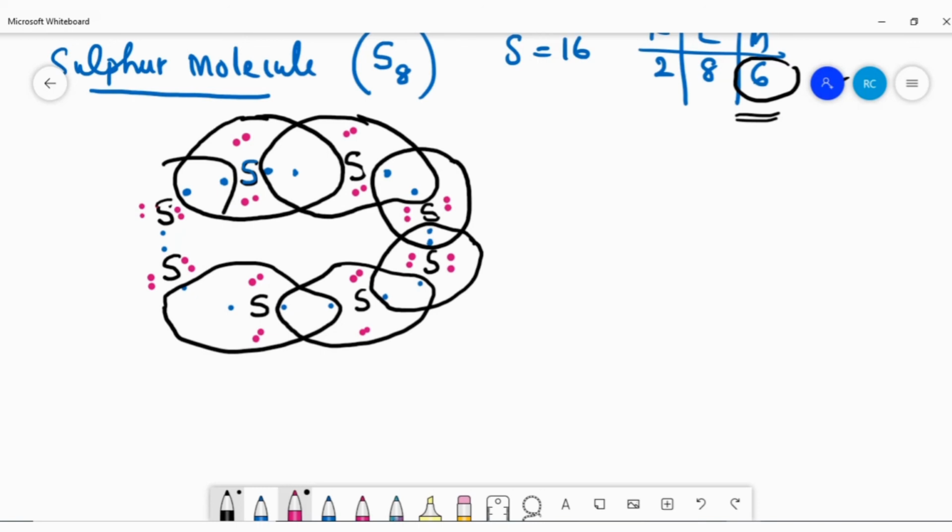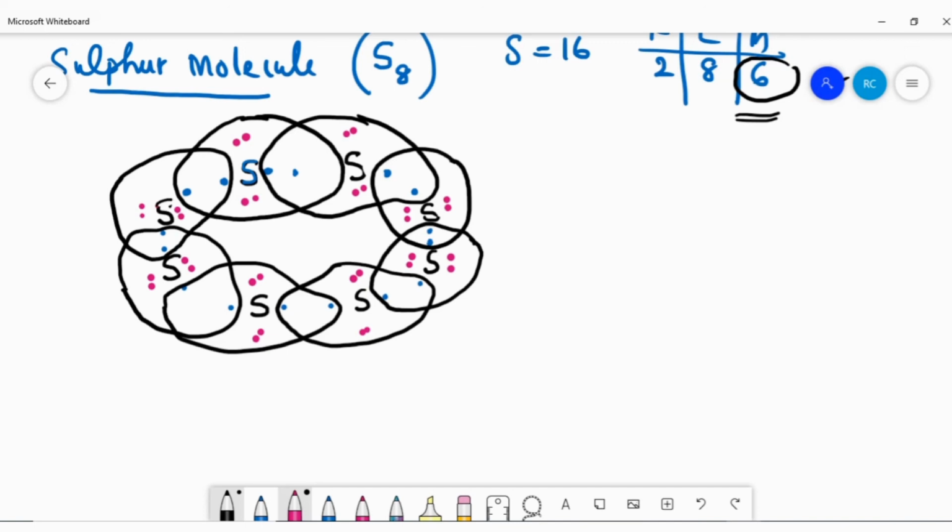This is the last one. Now this is the electron dot structure of the S8 molecule.